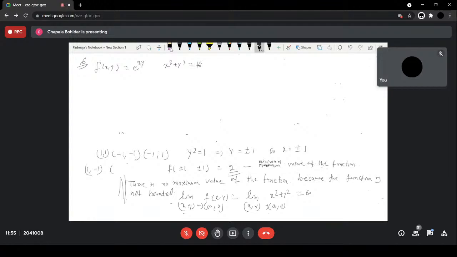Use Lagrange multipliers to find the maximum and minimum value of the function subject to the given constraint. That is your assignment question. Do it, try to do.